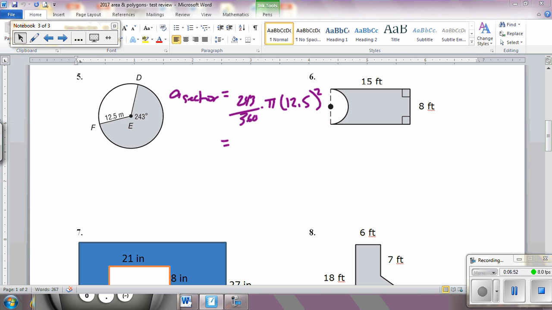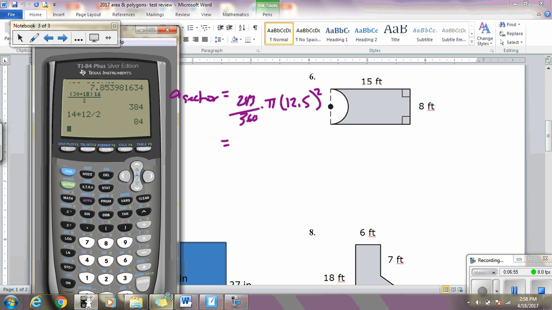So grab our calculator. 243 divided by 360 times pi, 12.5 squared.